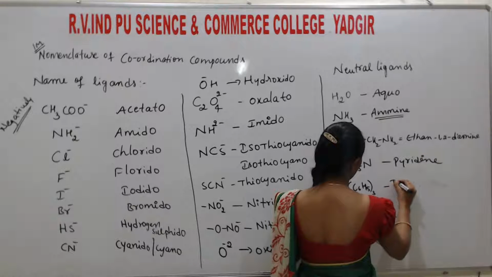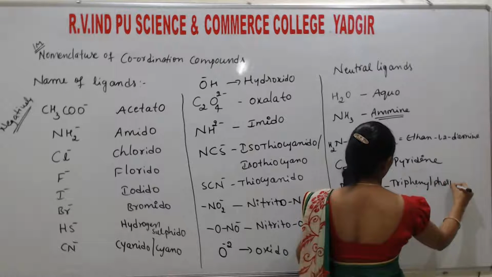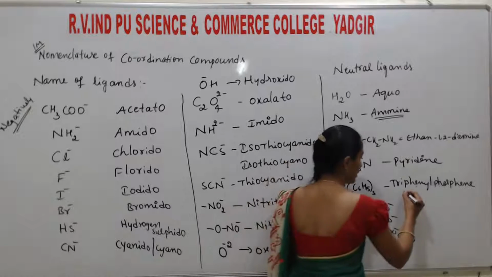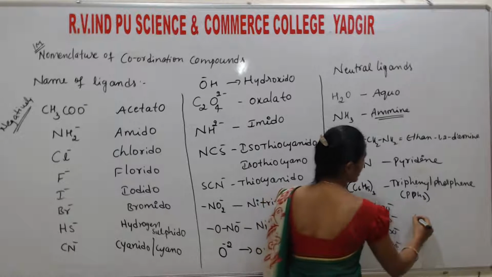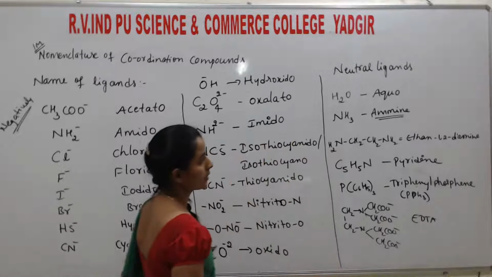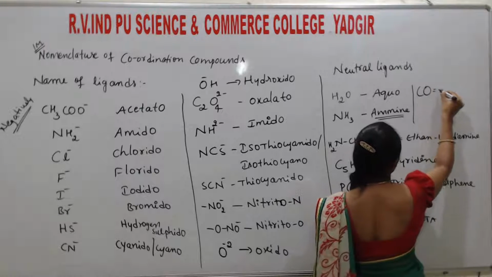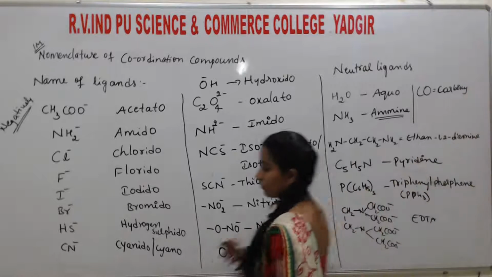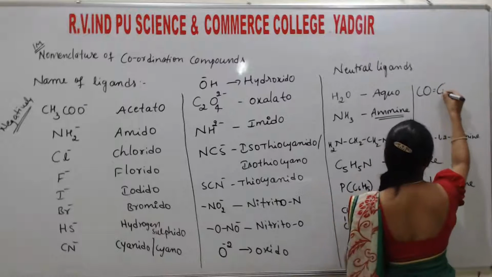Next, triphenylphosphine, written as PPh3. This one is EDTA, ethylenediaminetetraacetate. Another two neutral molecules are there, students: CO, named as carbonyl.